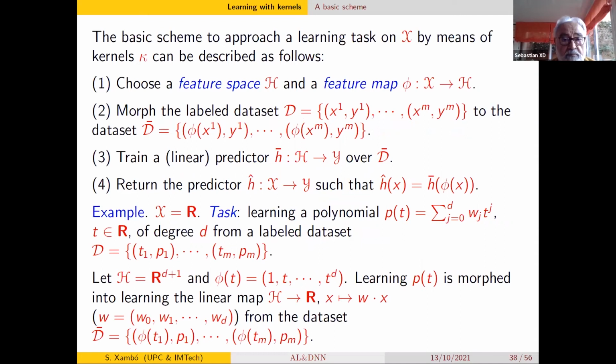So the basic scheme to approach a learning task on our space X, curly X, by means of a kernel kappa, can be described as follows.